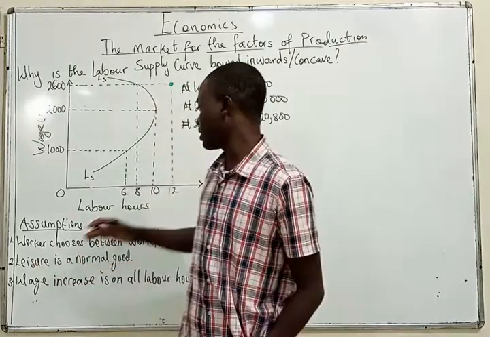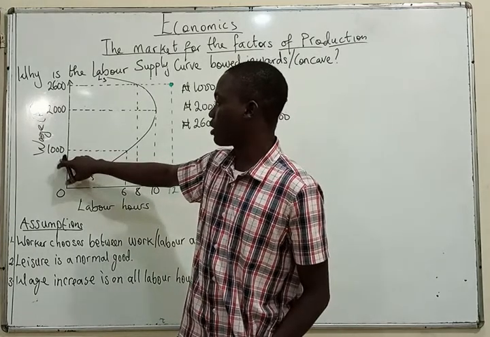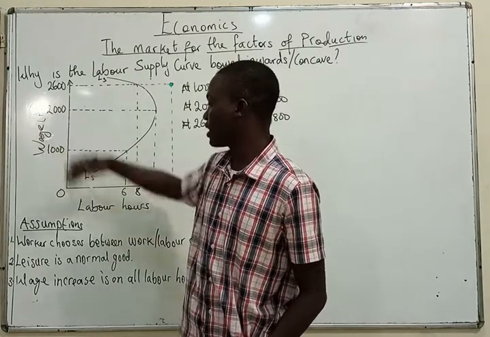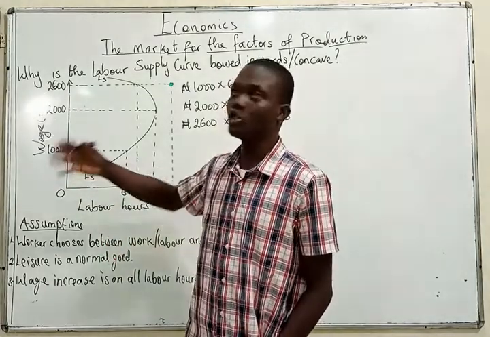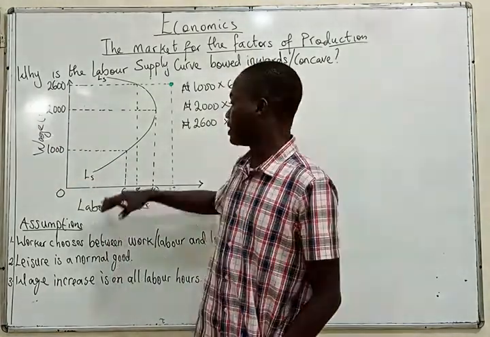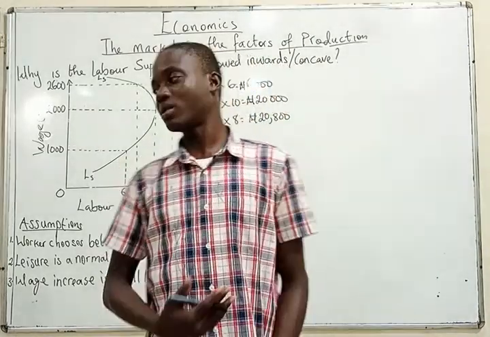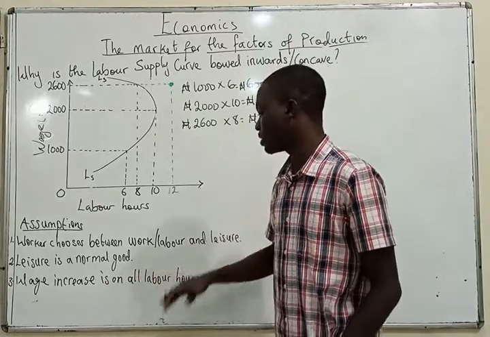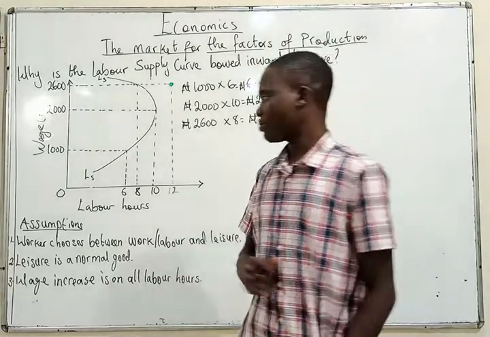Here she was supplying 6 labor hours. When the wage increased from 1000 to 2000, if she still supplies 6 labor hours, then she is collecting double of what she was collecting before. And if she supplies more than 6, she's still collecting double on what she was collecting before. That's what we mean by saying that the wage increase is on all the labor hours.